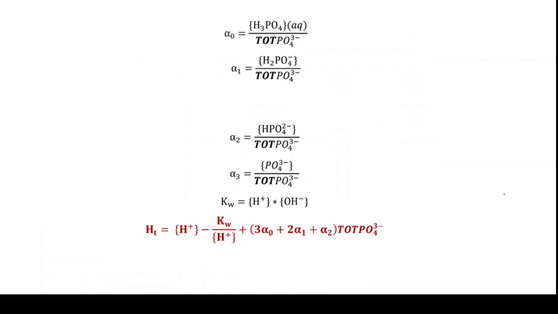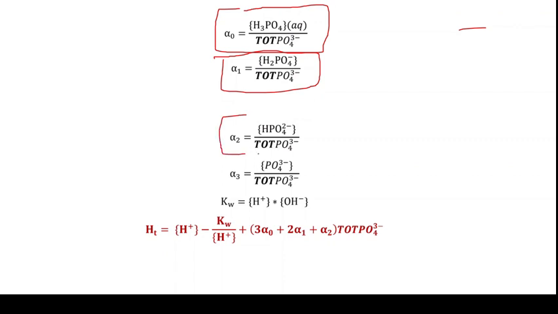Moving forward, alpha naught is H3PO4 divided by total phosphate. Alpha 1 is H2PO4 divided by total phosphate.